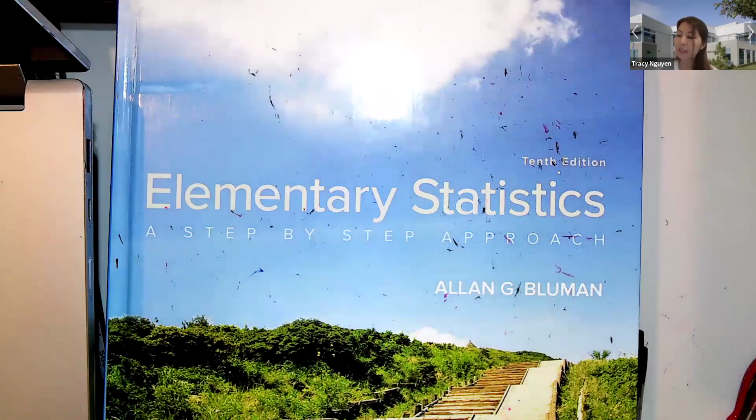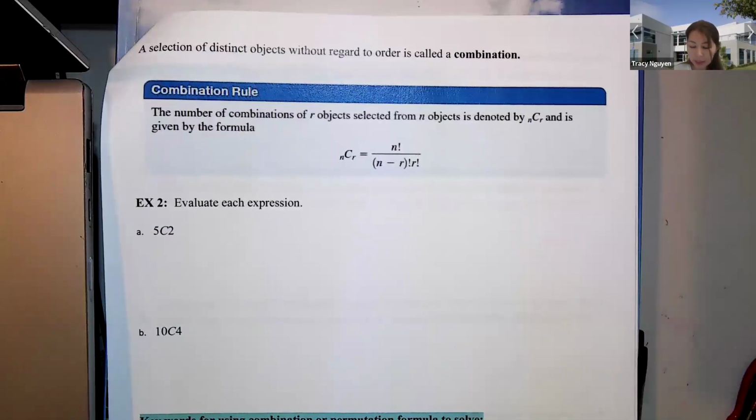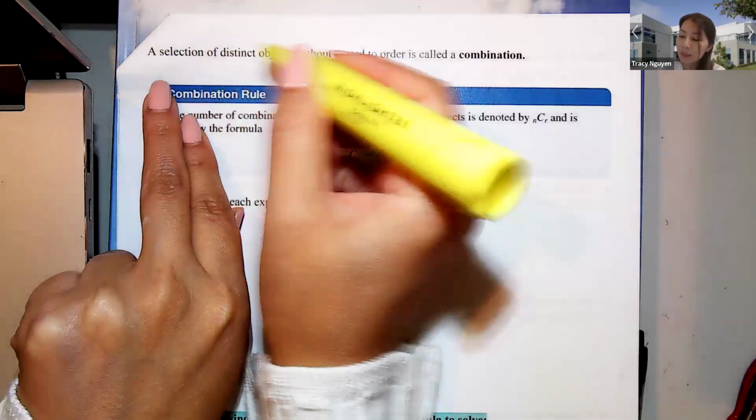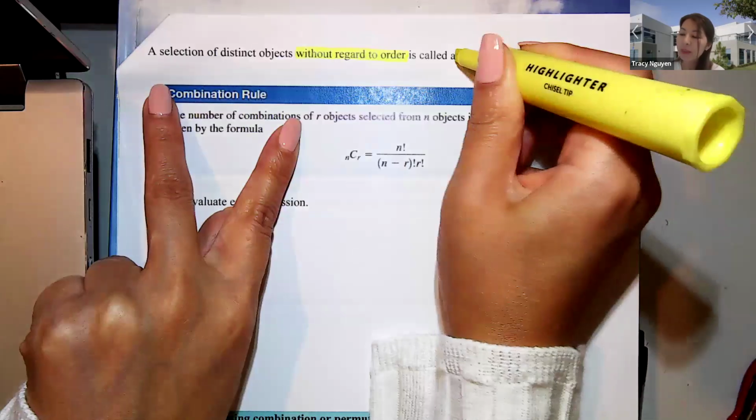Next, we have another counting rule. At this point, we haven't applied any word problems, just evaluated factorial and permutation, and now we're going to move on to evaluating combination. First, let's understand what we mean by combination. A selection of distinct objects without regard to order is called a combination.